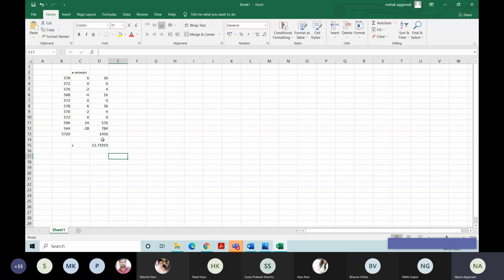Then you have to take the square of the same. This is all the squares, and then sigma of x minus x bar square comes out to be 1456.